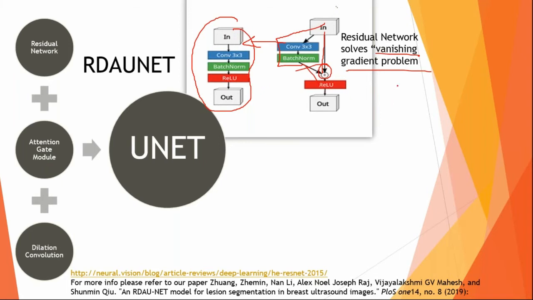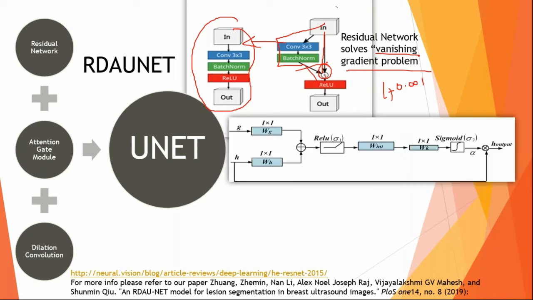So suppose your gradient is going to be 0.1. When you add up with this feature, it becomes 1 plus. So the error always has some kind of positive value, and the network was training better in this case. That's the reason people go in for residual networks, ResNets.